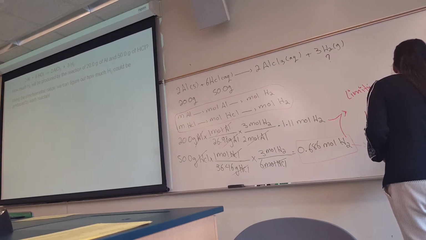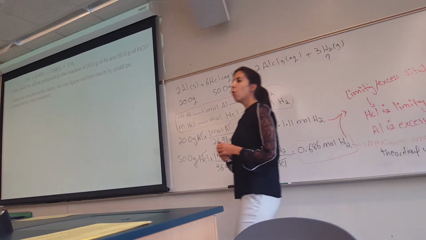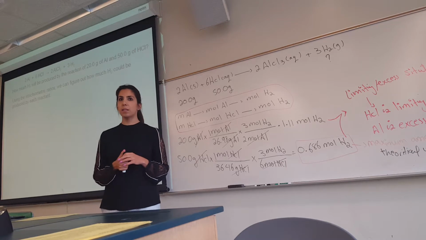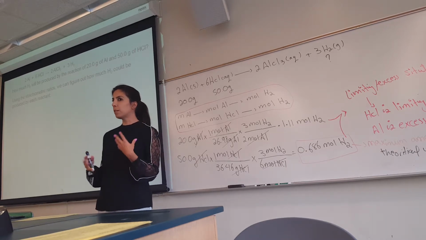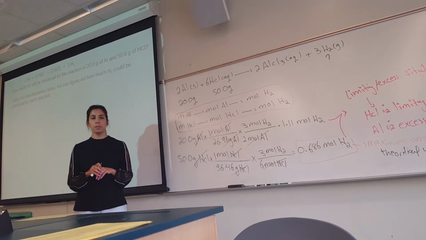It means that theoretically, using 20 grams of aluminum and 50 grams of hydrochloric acid, based on this reaction and calculations, I would expect to get 0.686 moles of hydrogen gas. Or this is the expected amount of hydrogen gas. These are all the different words, phrases, terms that you're going to hear in this type of question.